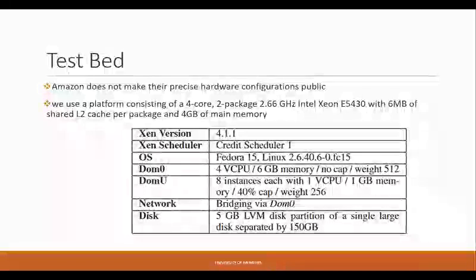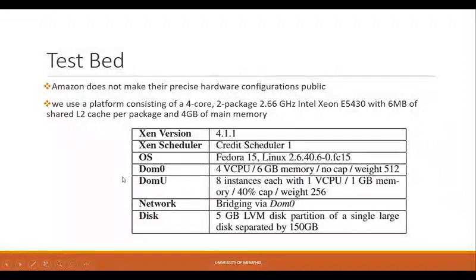So the test beds used are based on Xen Citrix, which is an open source hypervisor. And I just want to mention here two pieces of information about Xen. They are using the concept of Dom0 and DomU.